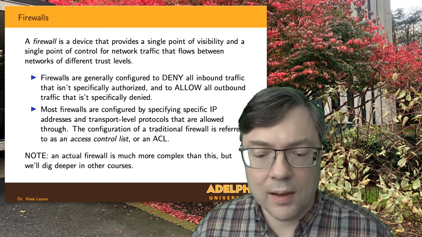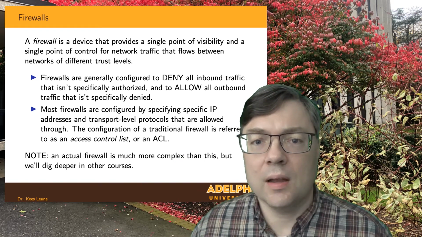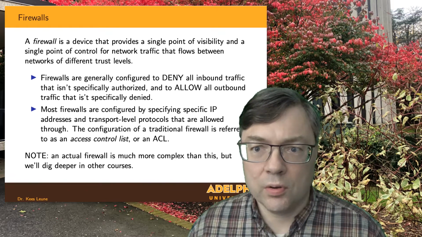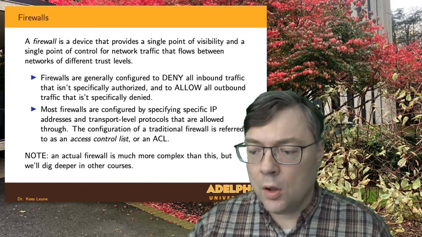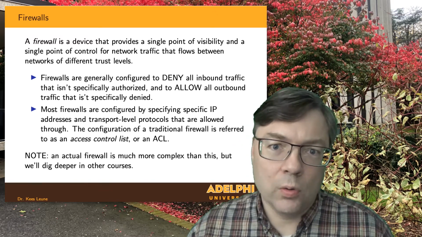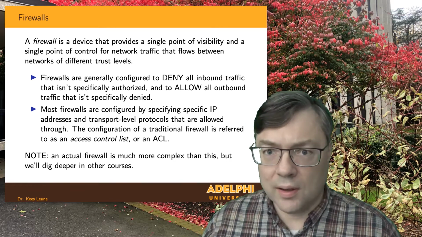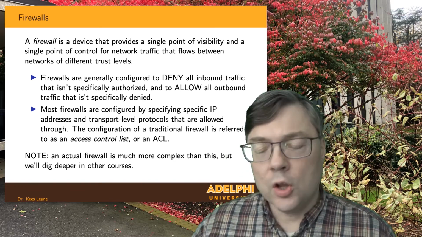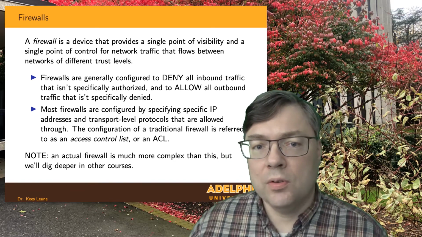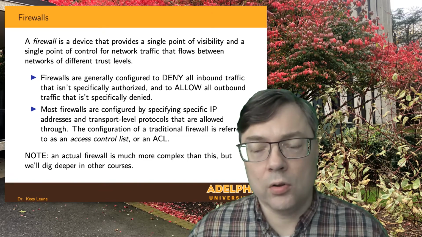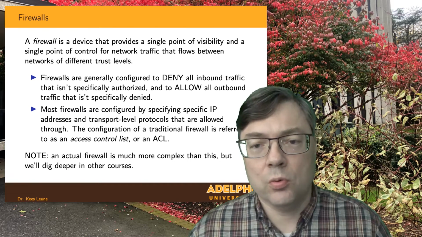We'll worry about the TCP/IP stack and the OSI stack in classes like our networking class and our computer and network security class. But for now, let's go with a firewall only works on IP addresses and maybe protocols and port numbers like we saw there. The configuration of that firewall is known as the access control list. It basically specifies who can go through and who cannot go through, which is sometimes shortened as an ACL.